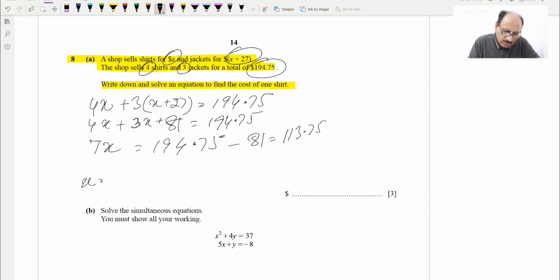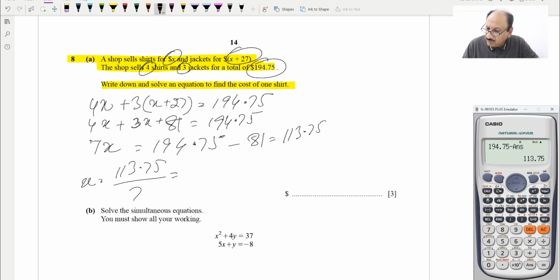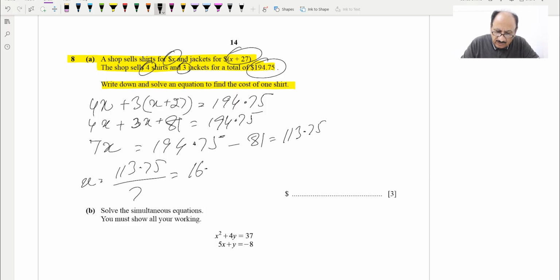So x is equal to 113.75 divided by 7, and if we divide this by 7, we will get the answer as 16.25. So $16.25 will be our final answer for 3 marks.